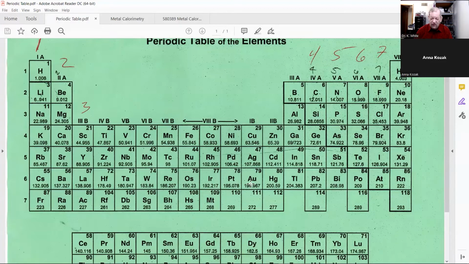Gold, Au, right here, 196.967. Well, that's 6 significant figures. Rounding that off to 3, keep the 1, keep the 9, keep the 6. The next 9 is used to round off, that's 5 or higher, so you drop all those numbers and the 196 becomes 197.